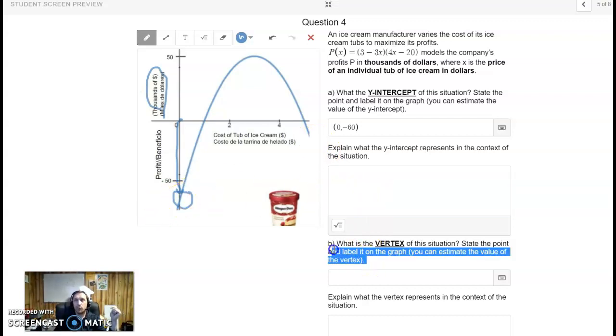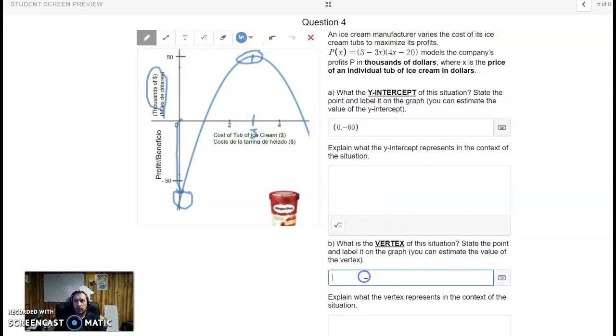All right. What's the vertex of this situation? Well, what's this high point? What could we guess it might be? It looks like it's about 3, and we get about 50. And so we have 3, 50. And what does that mean?